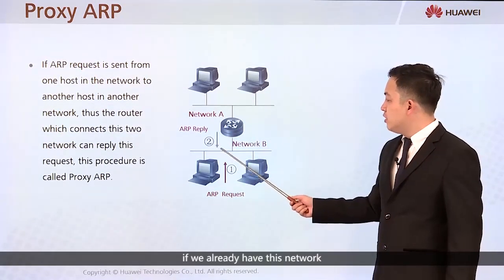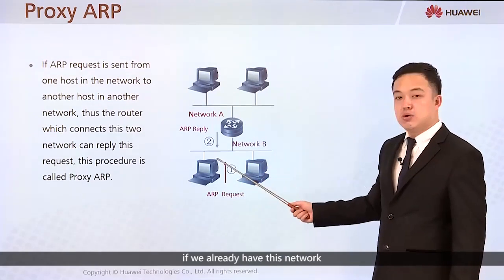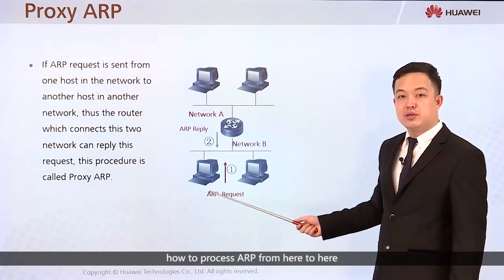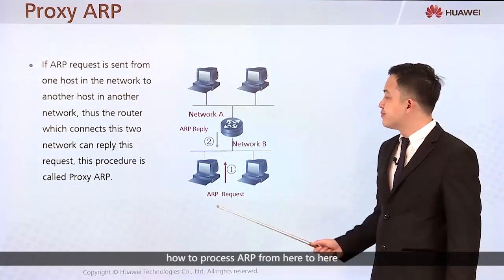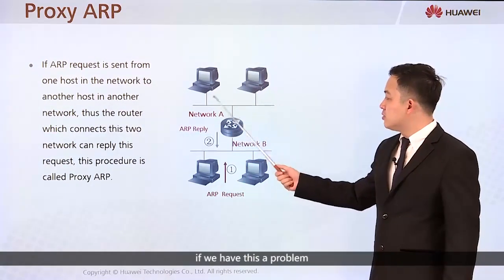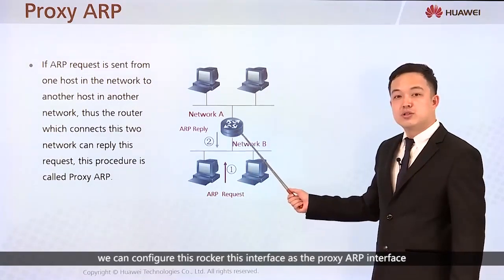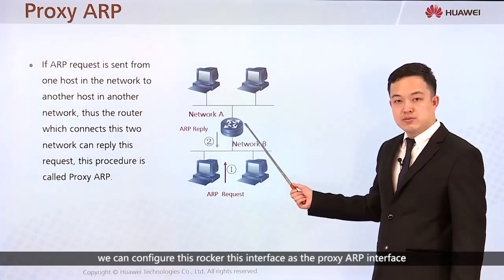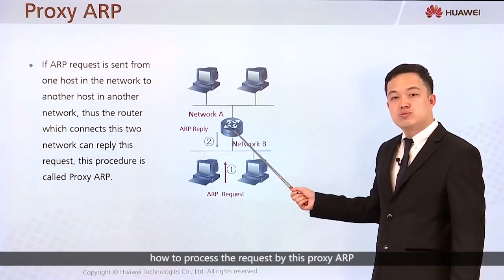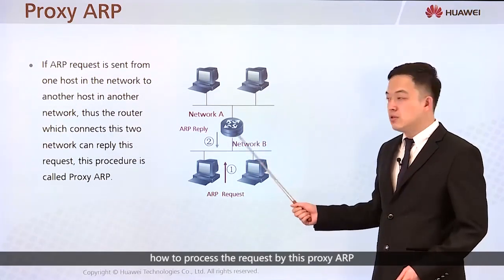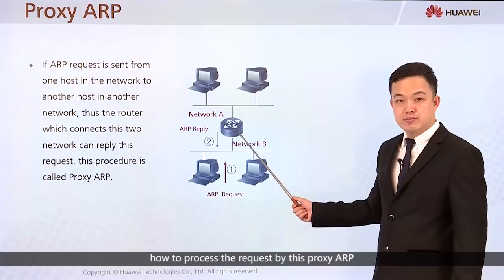So if we already have this network, how do we process ARP from here to here? If we have this problem, we can configure this router interface as the proxy ARP interface.